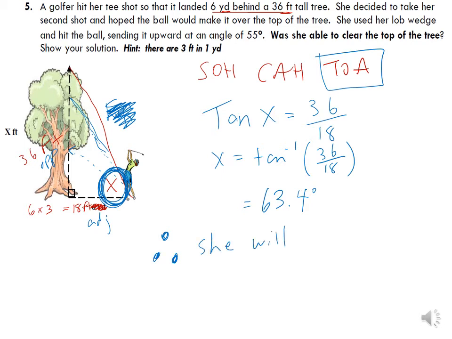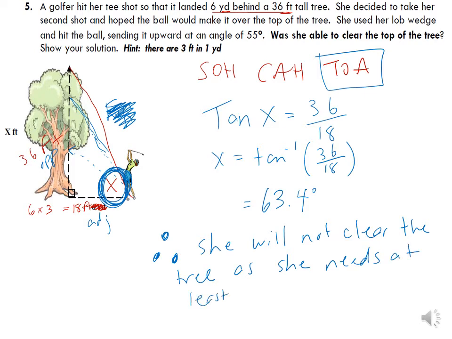Therefore, she will not clear the tree, as she needs at least 63.4 degrees and not 55 degrees.